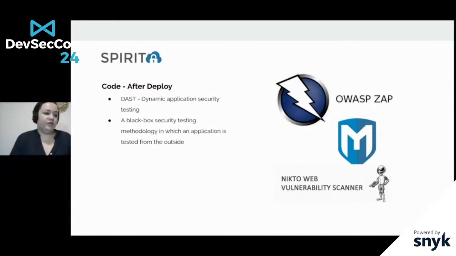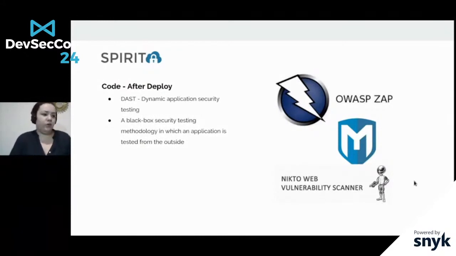This test is similar to the analysis that an attacker would do to try to gain improper access to your application. A good example is OWASP ZAP, Nikto web vulnerability scanner, and of course Metasploit as well.